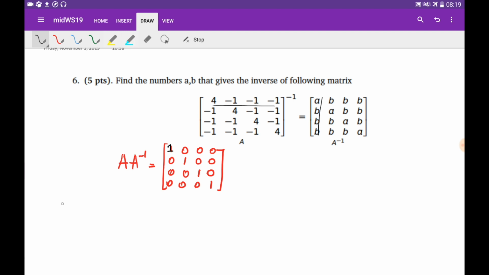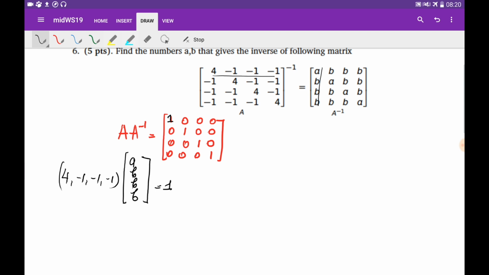So let's multiply this. 4, minus 1, minus 1, minus 1 multiplied by A, B, B, A, B, sorry, should be equal to 1, right? Because if I multiply the first row by the first column, I need to obtain 1 since they are inverses, right?